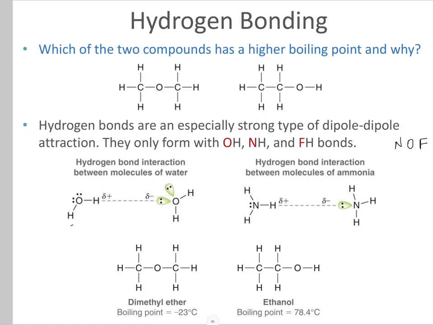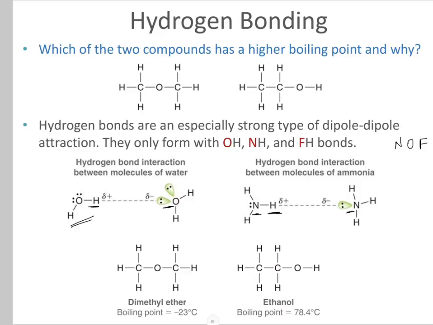So, for example, in water, we can have this oxygen bonding to another hydrogen. We can also have the same thing happening with ammonia, where the hydrogen is bonded to a nitrogen.